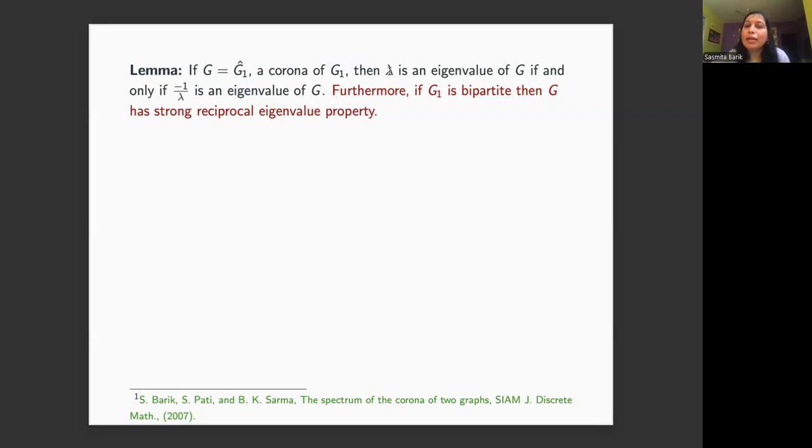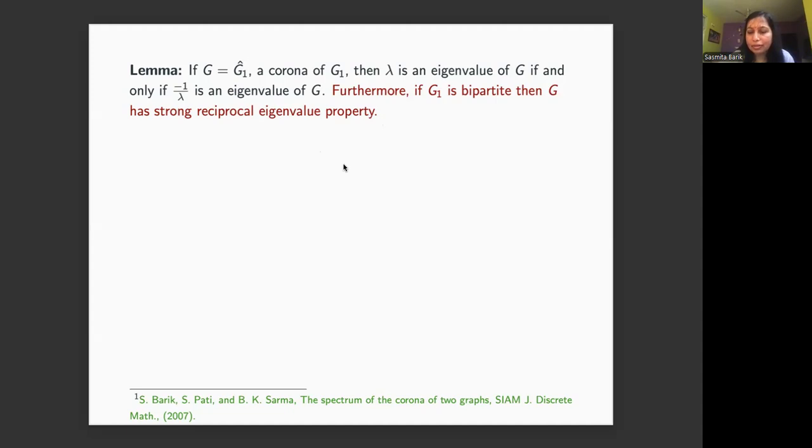So lambda is an eigenvalue, then 1 by lambda is also an eigenvalue, with the same multiplicity. So the graph will satisfy the strong reciprocal eigenvalue property. So if you take a corona of a bipartite graph, then it satisfies the strong reciprocal eigenvalue property.